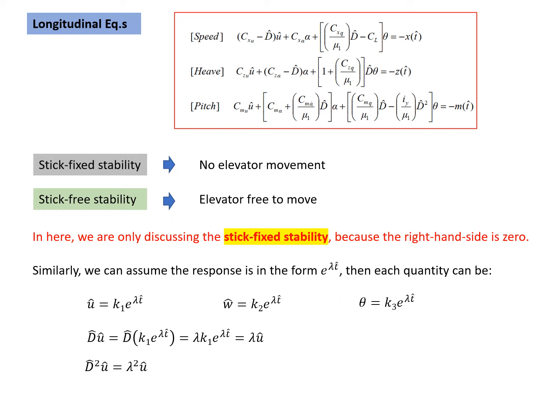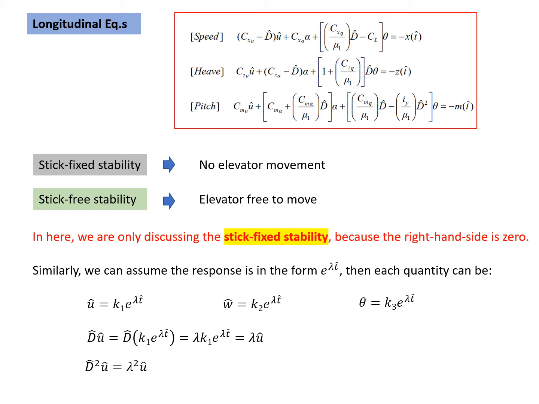We also need the non-dimensional derivatives. Here is a quick derivation: the temporal derivative of u hat in the non-dimensional form is lambda u hat, and the second derivative is lambda squared u hat. This is the preparation we make.